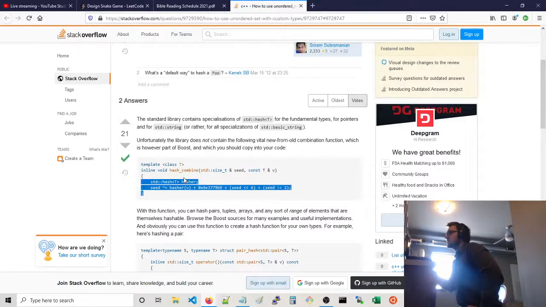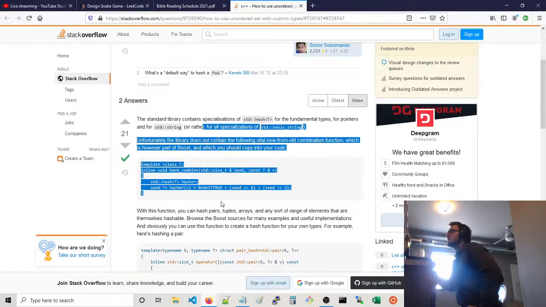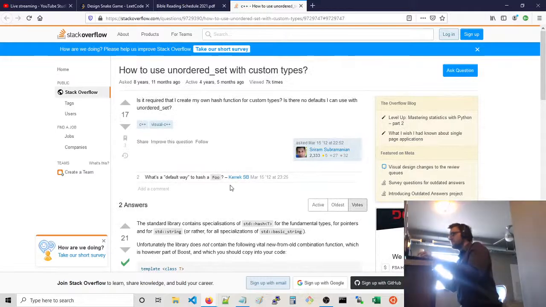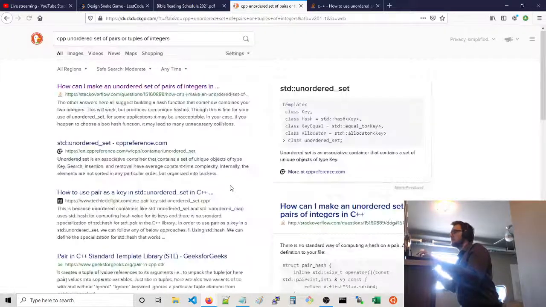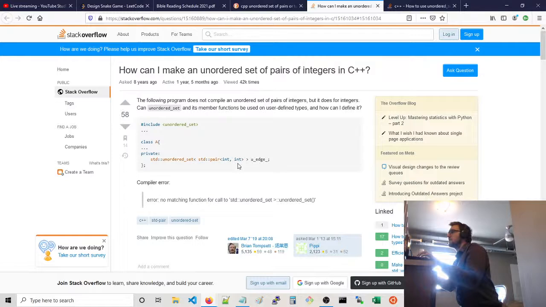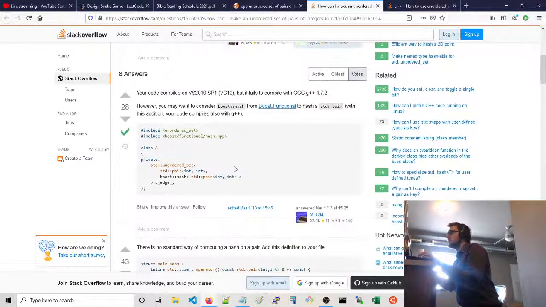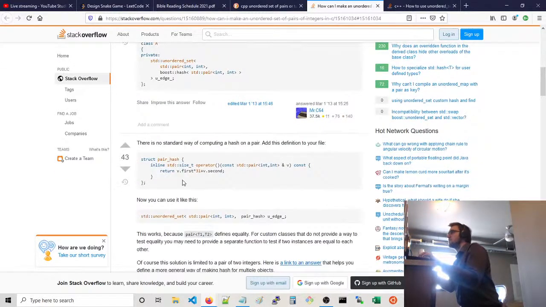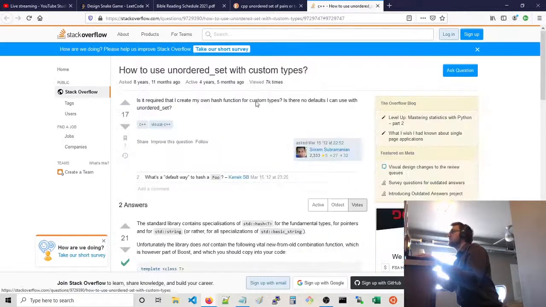Oh, that's interesting. More general. I just wanted the pair hash. Okay, inline size_t operator const. I just want to know if you have to put const over here. You don't really need to.